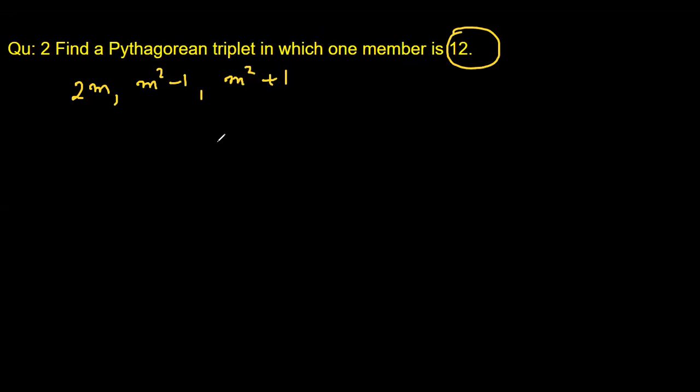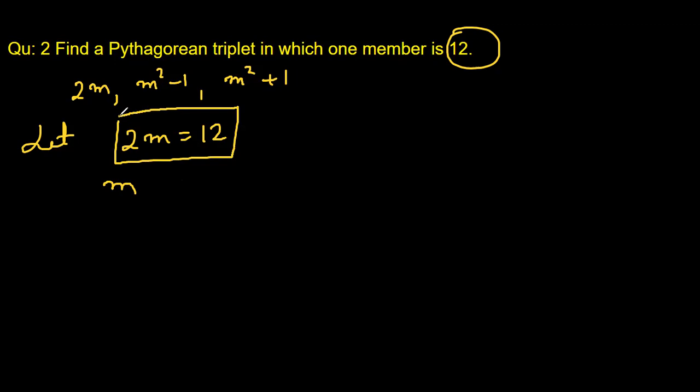Now one member is 12, so let the first one, 2m, be equal to 12. We can take any of these three. So we took the first one, 2m is 12, and then m would be 12 divided by 2, which is 6.